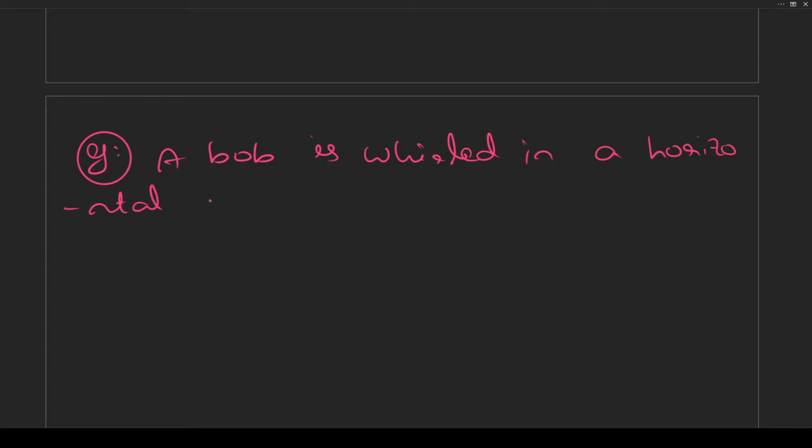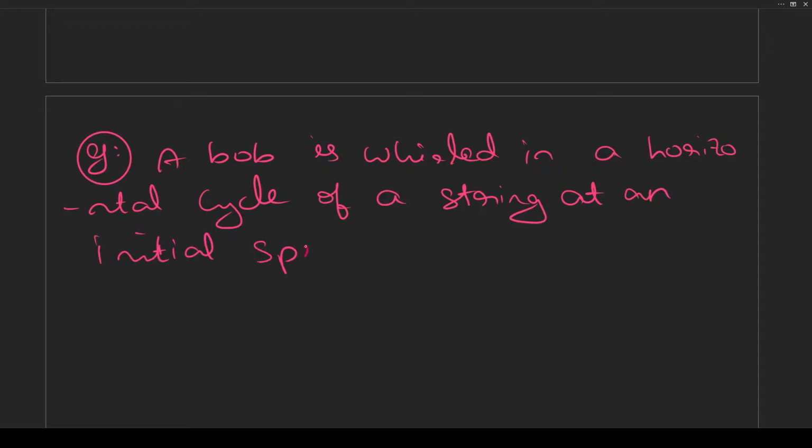Now, the next question is: a bob is whirled in a horizontal circle by a string at an initial speed of 10 rpm.